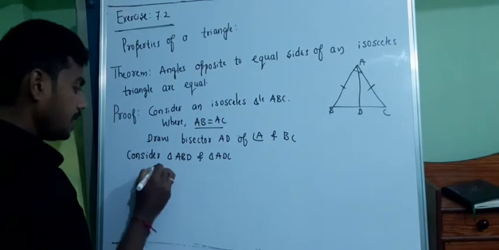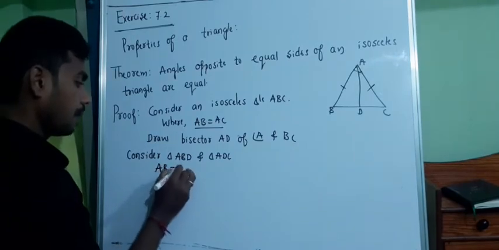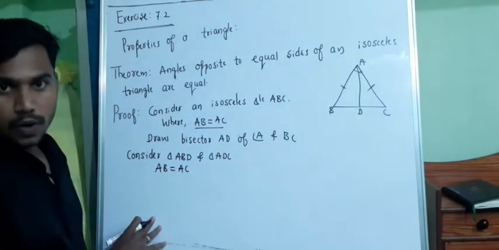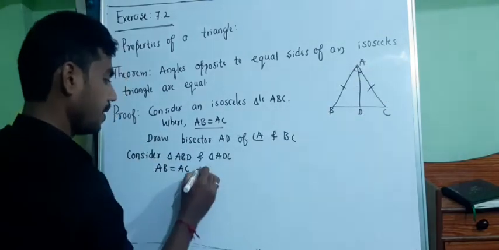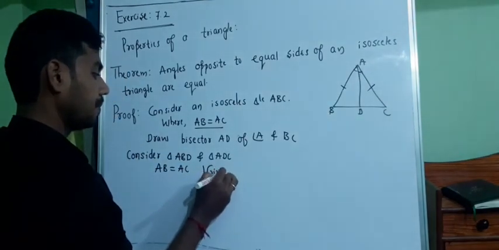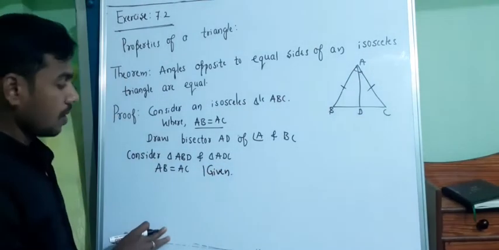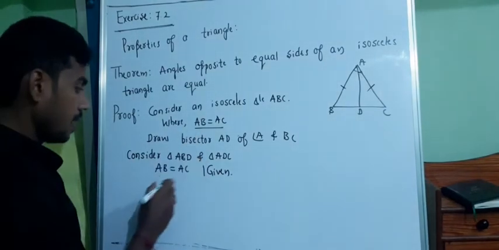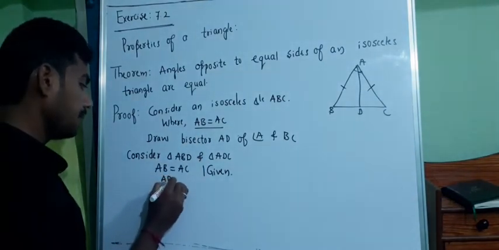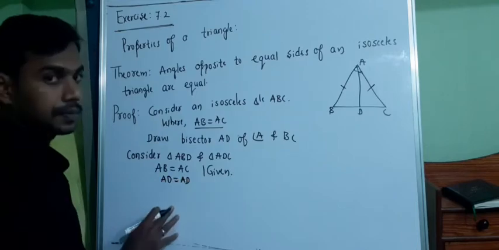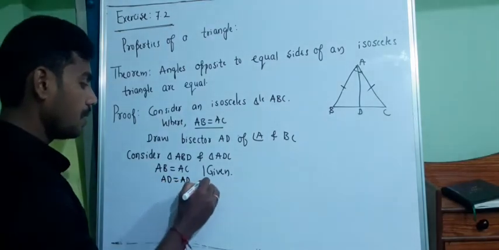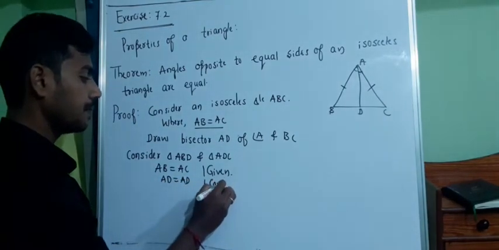AB is equal to AC, because it is given. Next, AD is equal to AD, common side.